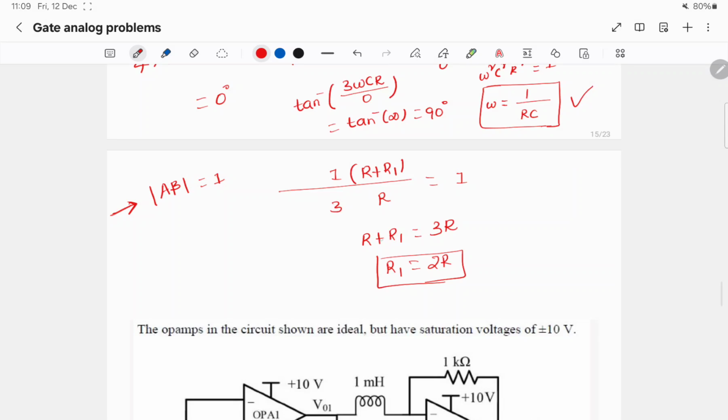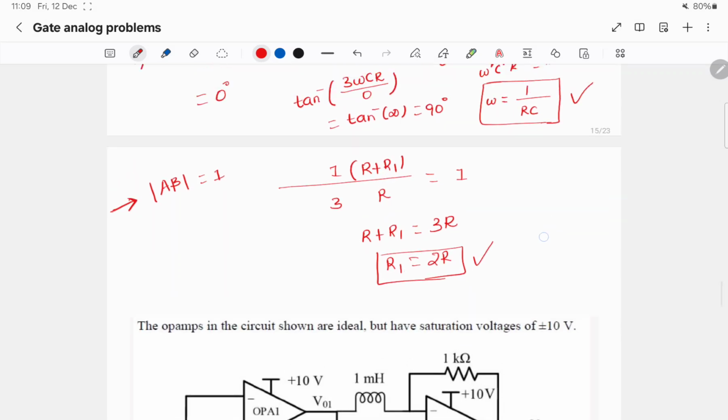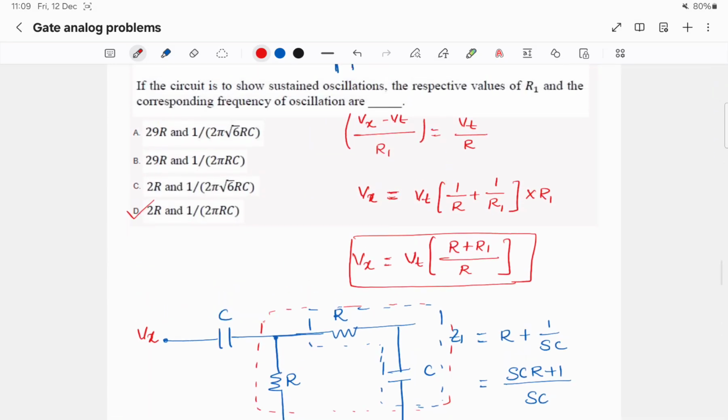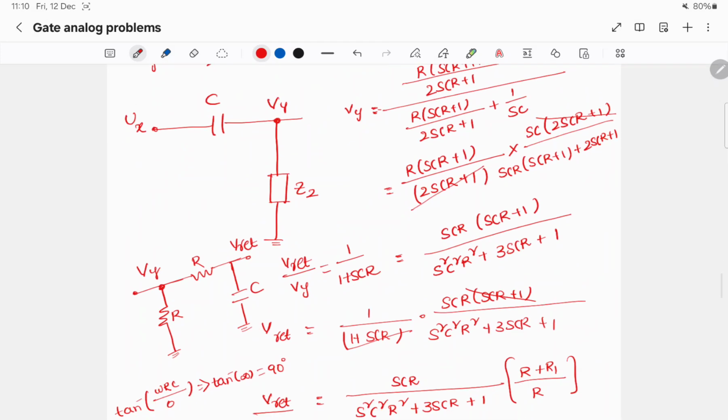So R plus R1 will be 3R, R1 will be 2R. So the answer is option D, 2R and 1 by 2 pi RC frequency of oscillation.